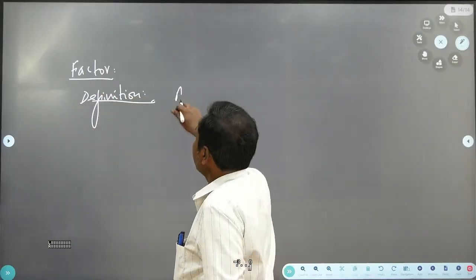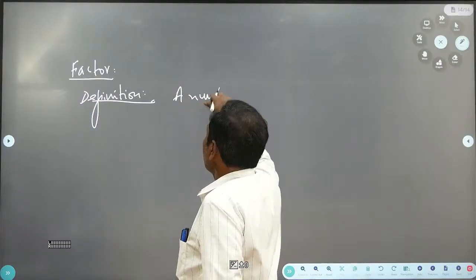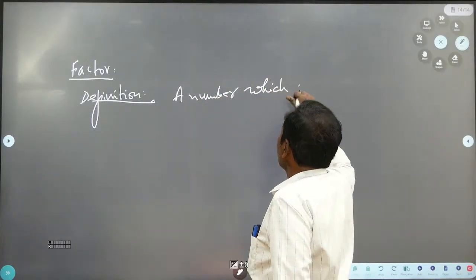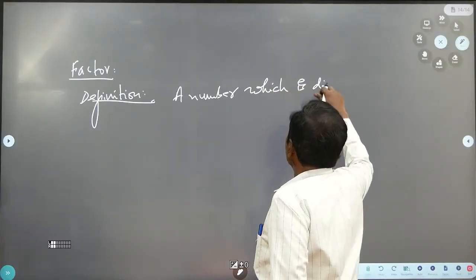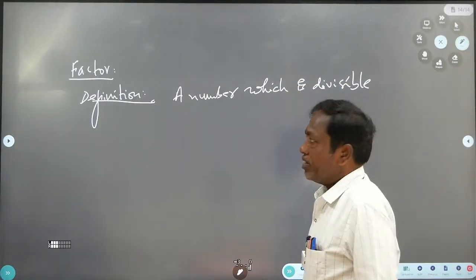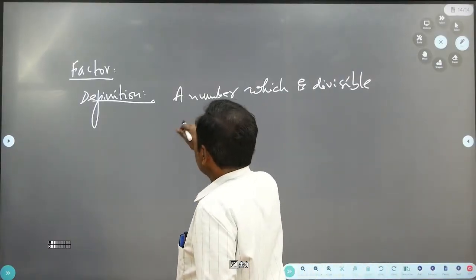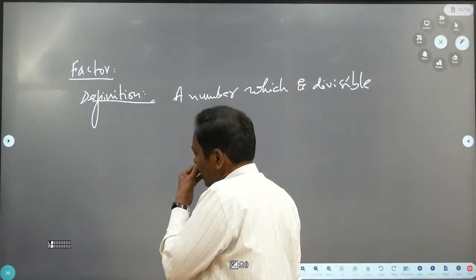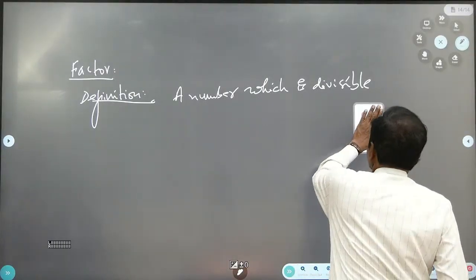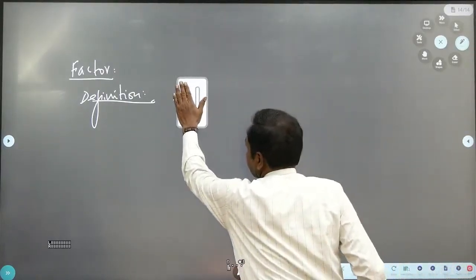A number which is divisible by... no, it's not correct. A number that can divide.